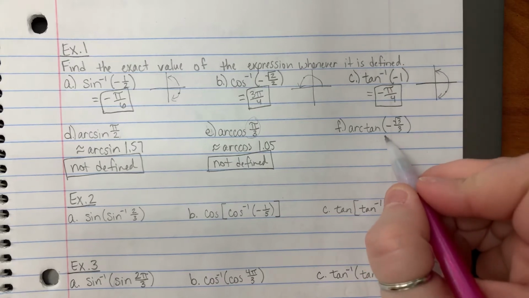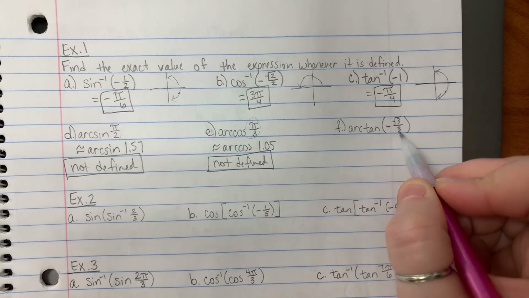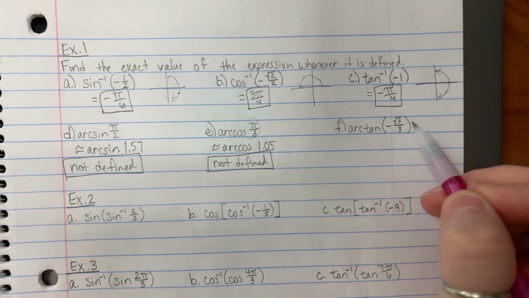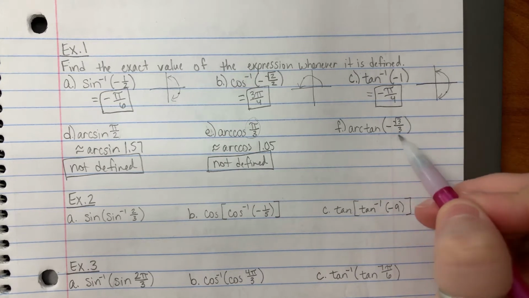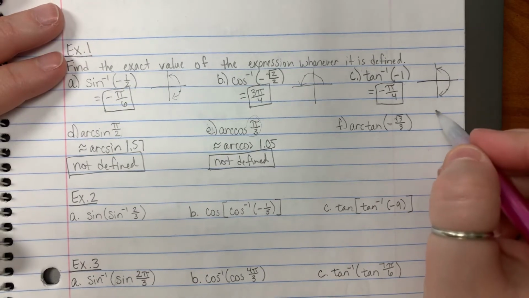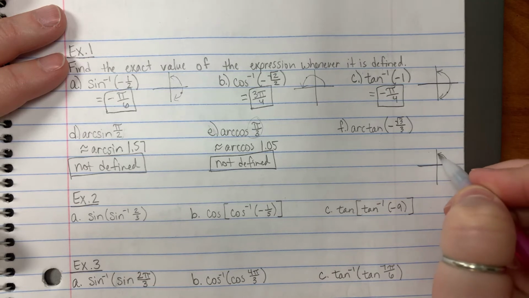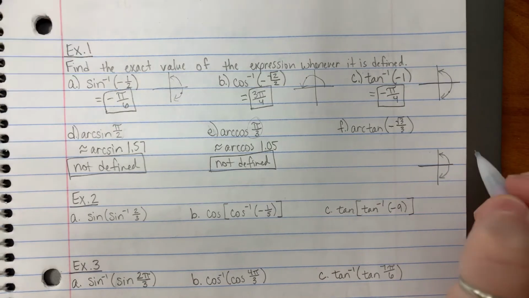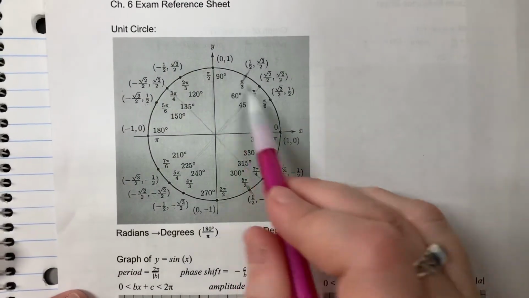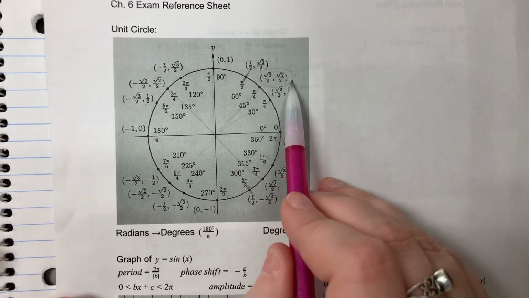Okay, last one, arctangent of negative square root of 3 over 3. So now I have to think kind of critically here. When I take my sine divided by my cosine, how am I going to get this? If you're thinking about tangent, you're thinking about quadrant 1 and quadrant 4. So if I look at my unit circle, I'm thinking about these two quadrants. This one is definitely not going to get me that.